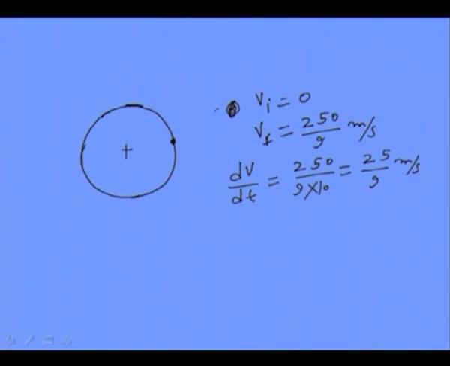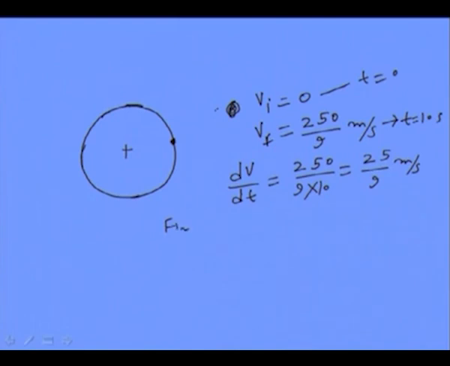So V initial is equal to 0 at t is equal to 0, and this is at t is equal to 10 seconds. It is desired to find out the acceleration at t is equal to 8 seconds.